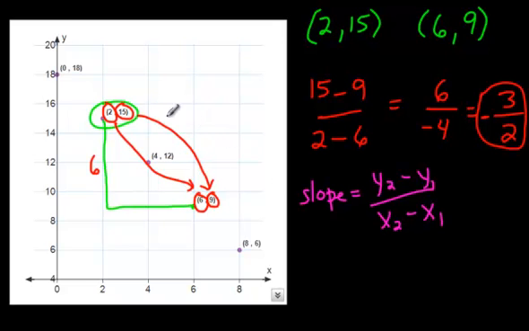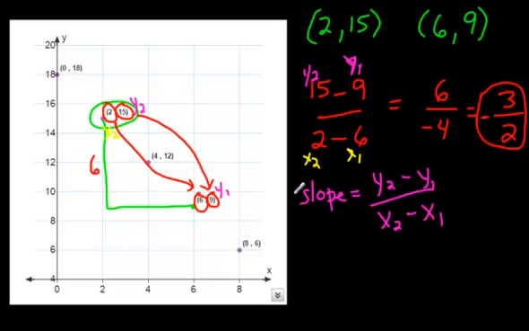And what we can do is we can label that here on the graph. So we can go y2, that was the 15, and here's y1, that was the 9. See? y2, y1. Boy, that's really bad writing. I apologize. And over here we have x2, so x2 minus x1.